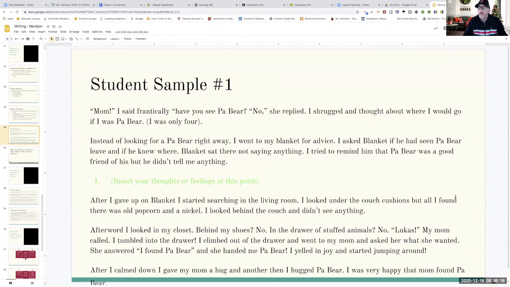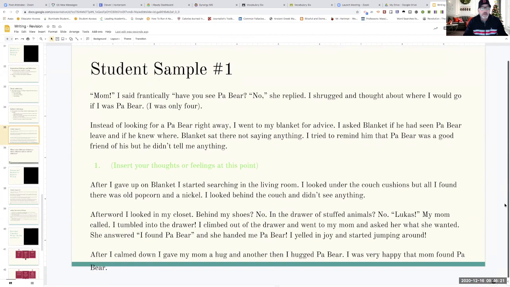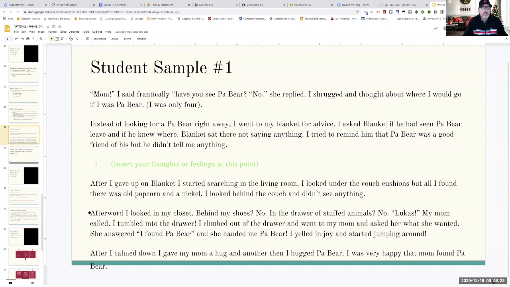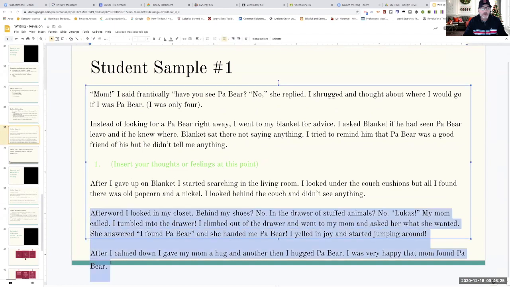So basically, the second part of this assignment is you need to go into these last two paragraphs here. And you'll notice that the word joy appears. I climbed over this, she answered, and she handed me, I yelled in joy and started jumping around. And then down here, I was very happy that my mom found Pa Bear.